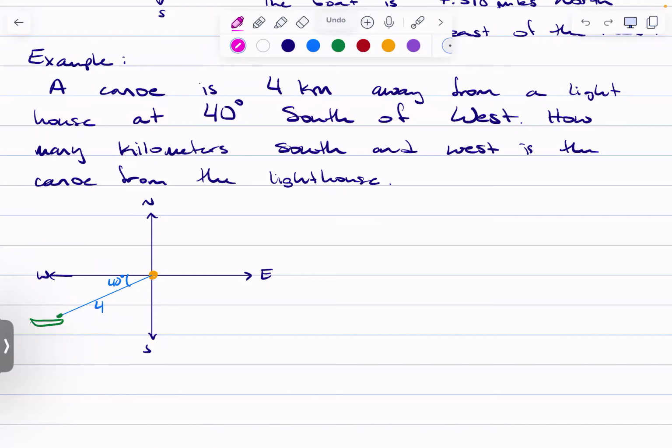How many kilometers south, which is your y, and west, which is your x. Should have drawn those out first.